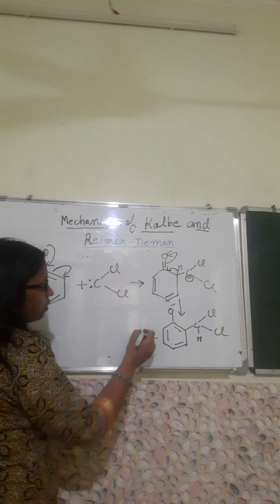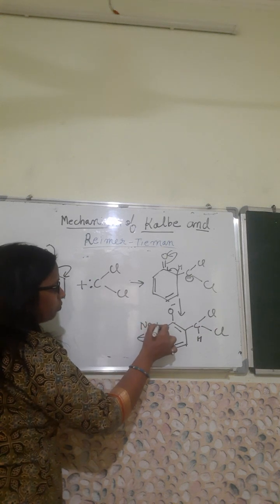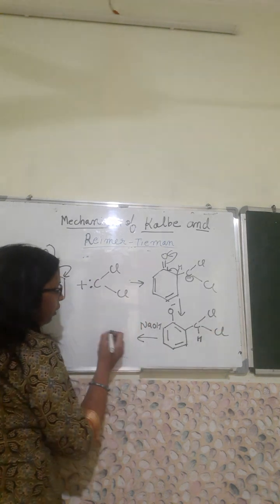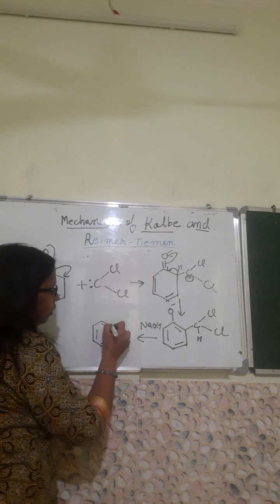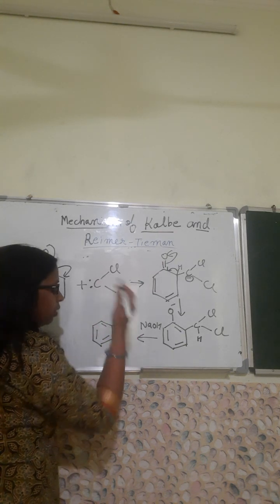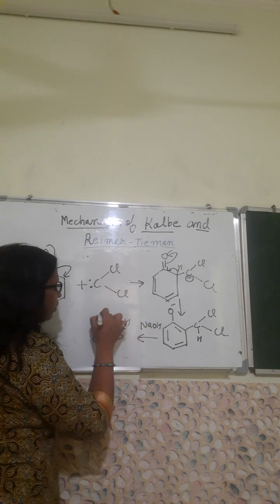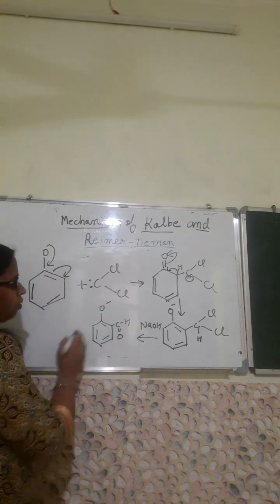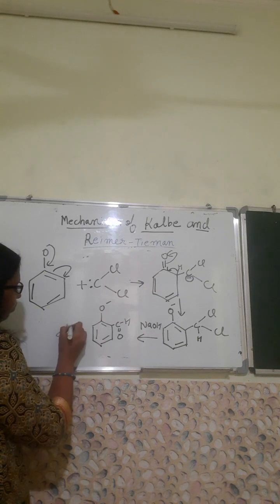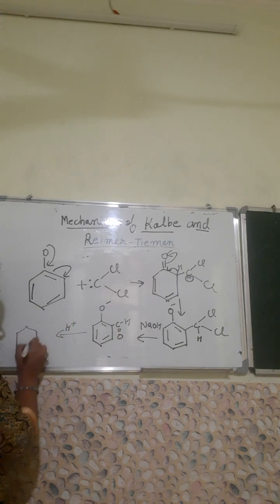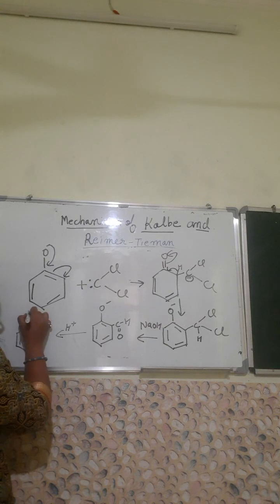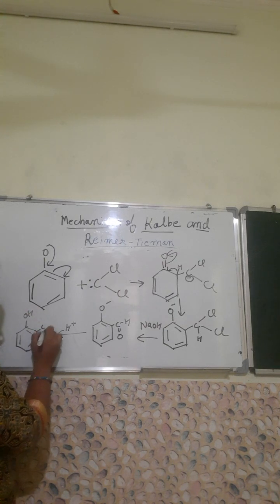By the hydrolysis with NaOH, it forms the aldehyde. I have explained it in the Reimer-Tiemann reaction video. Now in acidic medium, the phenoxide O negative acquires the proton and forms salicylaldehyde.